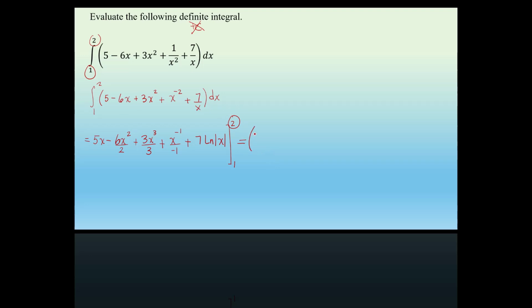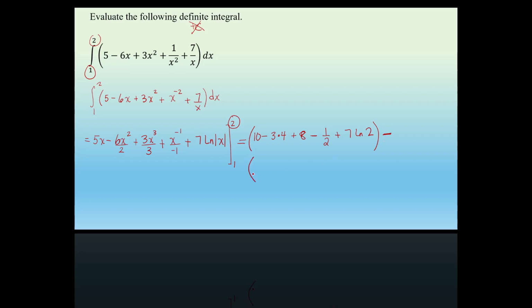And I'll get 5 times 2, which is 10, minus 3 times 2 squared, which is 4, plus 1 times 2 to the third power, which is 8, minus because of the negative down here, and then the 2 is just going to be 1 over 2, a half, plus 7 ln of 2, and then minus, big old minus.